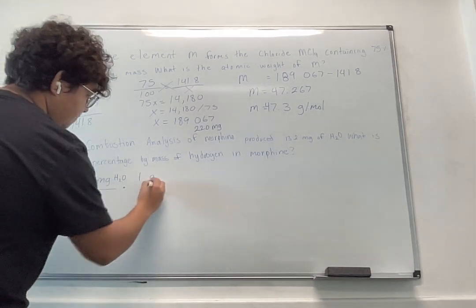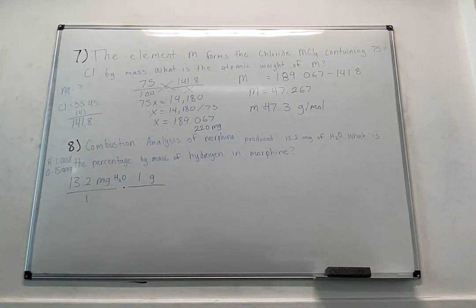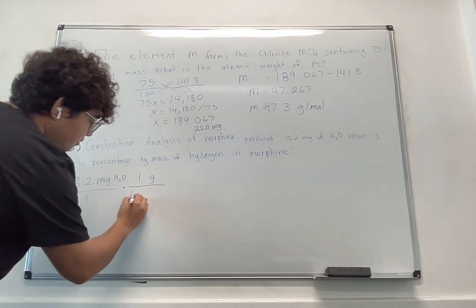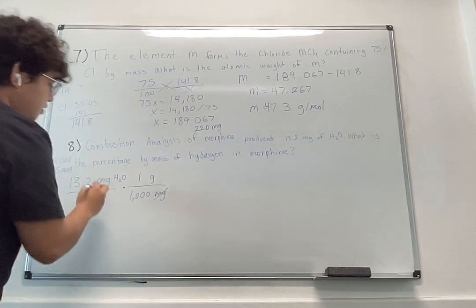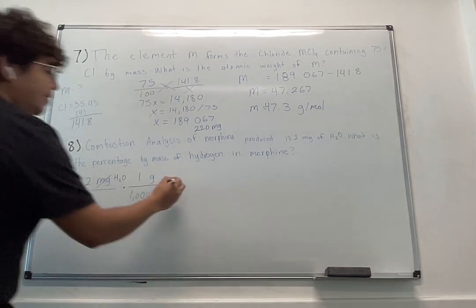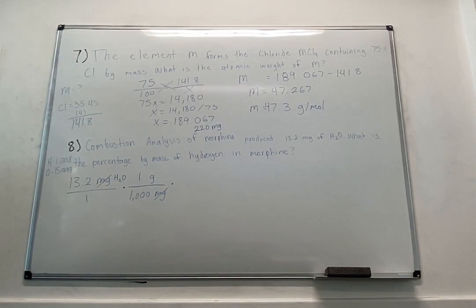We're going to put 1 gram, because that's what we want at the top. At the bottom, we're going to get whatever we cancel out, so milligrams. So in 1 gram, there's actually 1,000 milligrams. So here, mg over mg cancel out, and we're left with 13.2 over 1,000 grams of H2O.